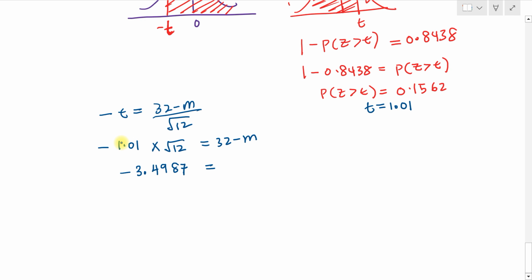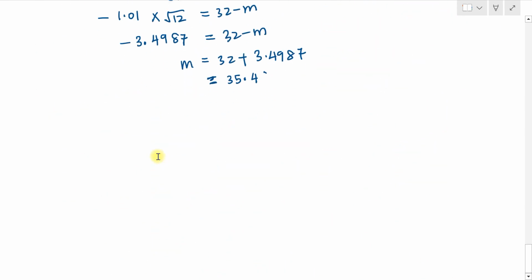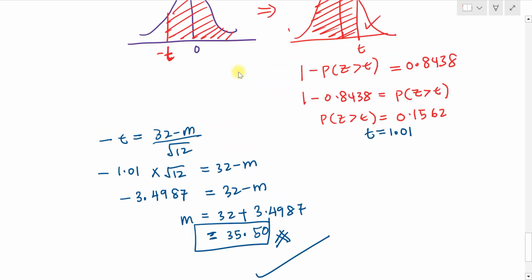And 32 minus M. So M is equal to 32 minus, change to plus, 3.4987. So you will get 35.4949, or 50. Let's round off. When you round off, it is 35.50, as given in the answer there. So this is the correct answer.